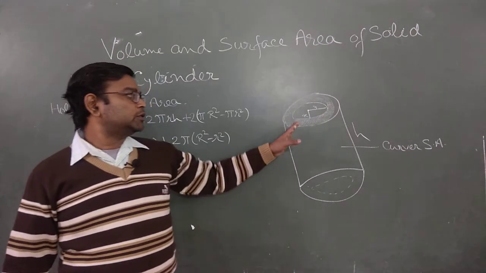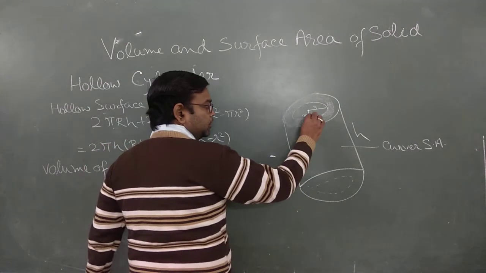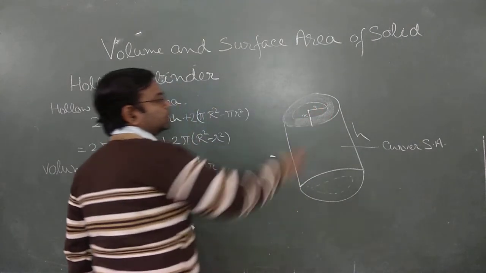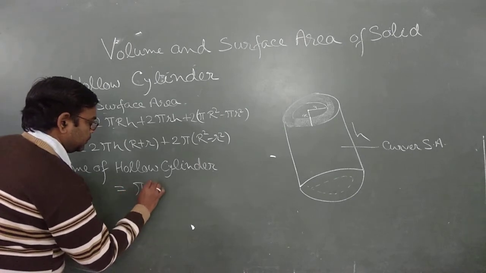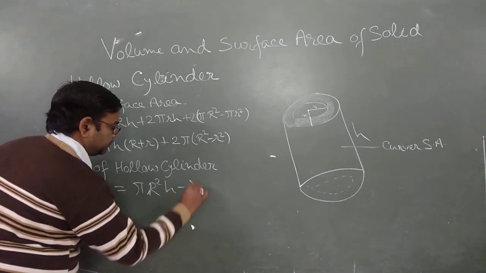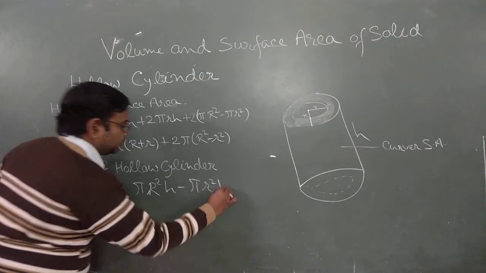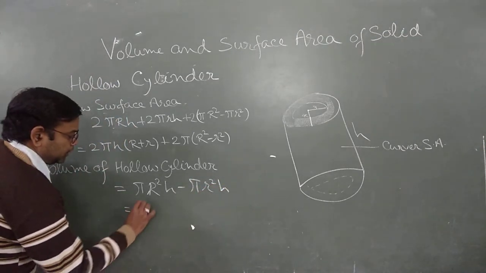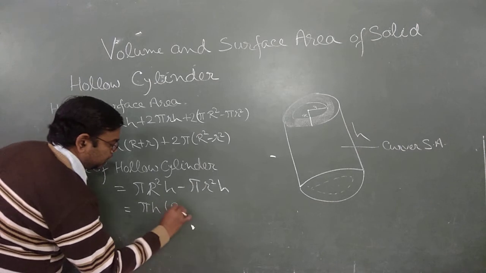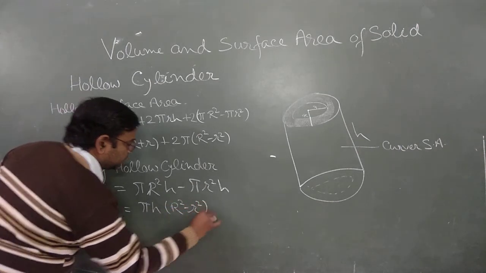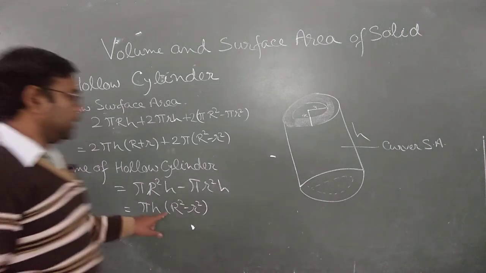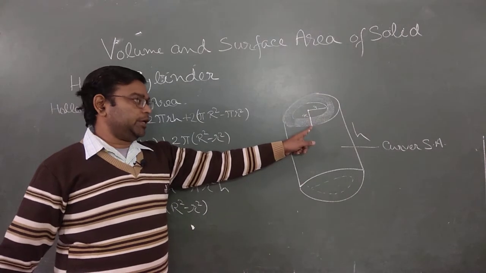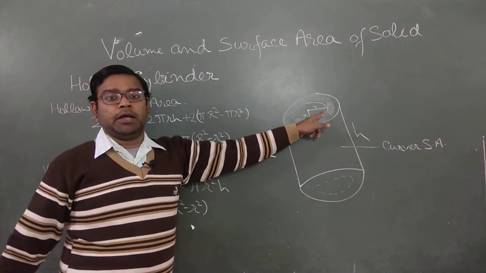First we find the volume using the bigger radius, then the volume using the smaller radius, and we subtract both volumes. Then we have the answer pi h (R square minus r square). Hope this is clear to you. Remember, capital R is your external radius, and small r is your internal radius.